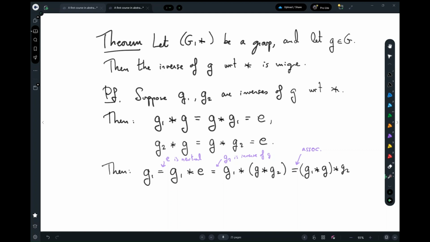G1 star G is equal to E. So this is E star G2. Here I've used the fact that G1 is an inverse. And now E star G2 is G2 because E is neutral.